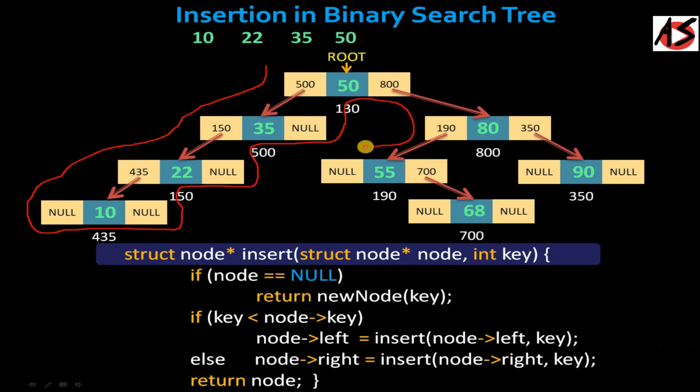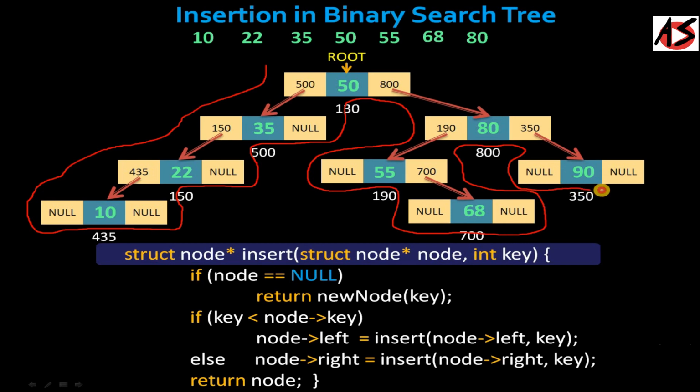Again we are moving further. Now we are touching the bottom of the node having key 55, so we will write 55 in our list. Then we are moving further, we are getting 68. Then again we are going ahead, and we will touch 80 at the bottom side, so we'll print 80 here.